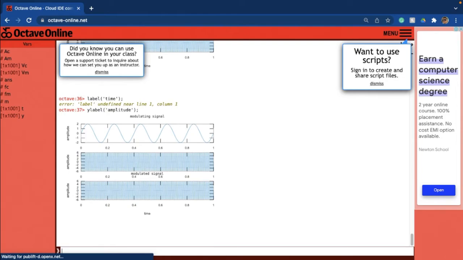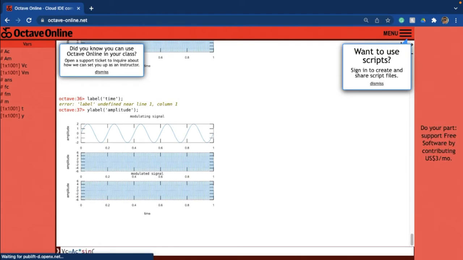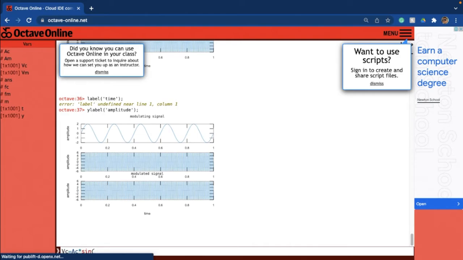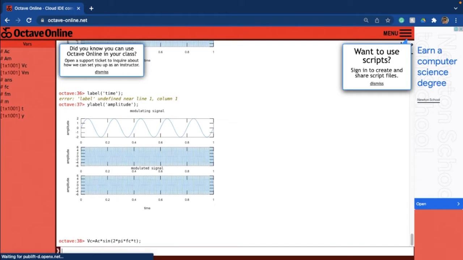Now my carrier is Vc. Vc is equal to AC sine 2 pi FC T. It's going to plot as before. Subplot 412.